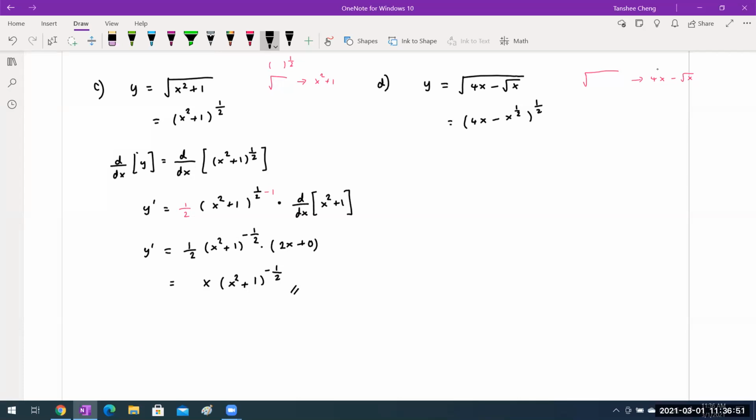So when I take the derivative with respect to x of the function, I will be taking the derivative of the outer power function, which is this 1/2. So my y prime will be equal to bring down the power, which is this 1/2, and then minus 1 to the power.